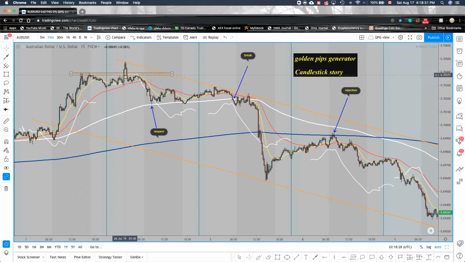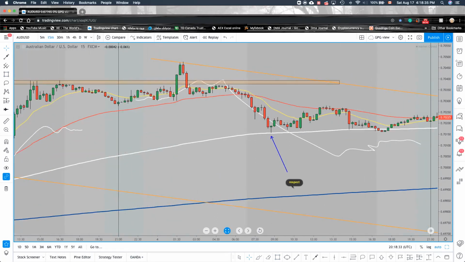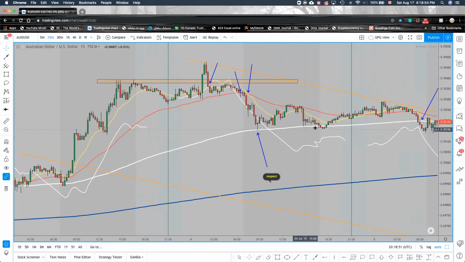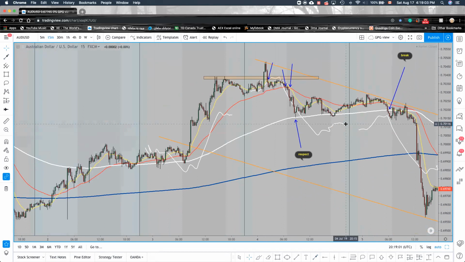But what is happening in here: price breaks the 14 moving average, breaks the 50, and after a bit of time, you will see moving averages cross, and then price starts respecting the 200 average. You see, respecting the 200 average. So this to me is talking to me.